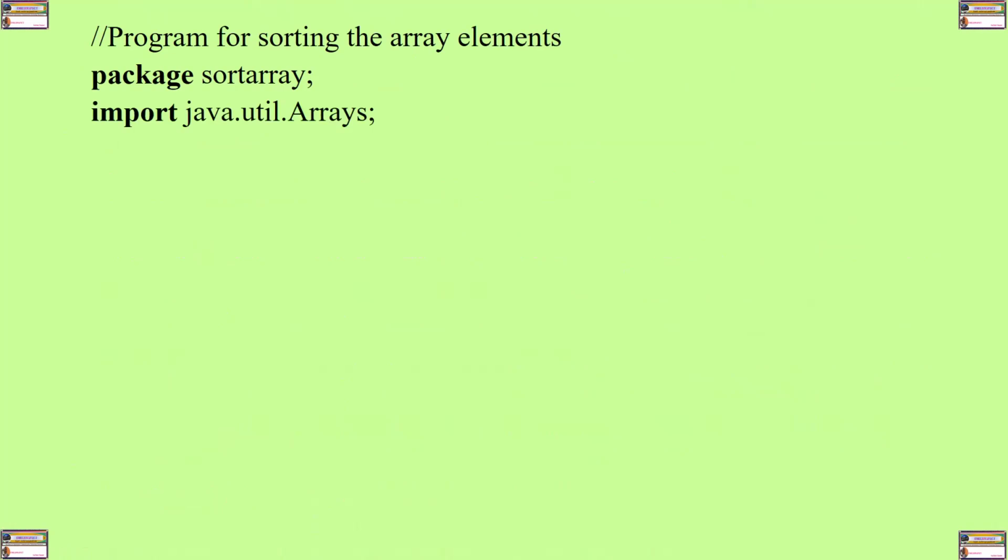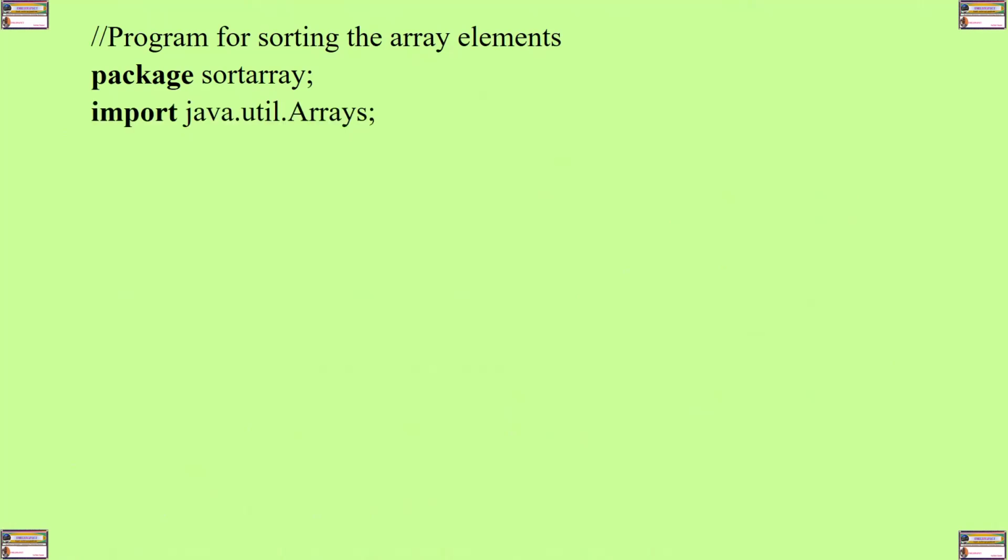And then we have the statement, import java.util.Arrays. My dear students and the rest of the learners, this is the first time that we are making use of this file called Arrays, which contains definitions of various methods that can be used to manipulate the contents of an array.